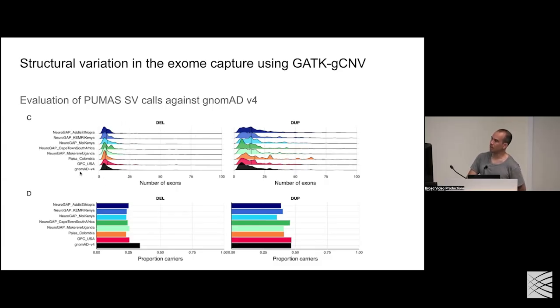We compared that against gnomAD v4, and largely things looked pretty good. Nothing too crazy. If anything, we're calling a little bit more here, but the main worry is that everything would be on the other side. If you look at the proportion of samples that carry a rare coding deletion or duplication, we're right around the same area, a little bit lower, but I wouldn't look too much into the exact numbers.